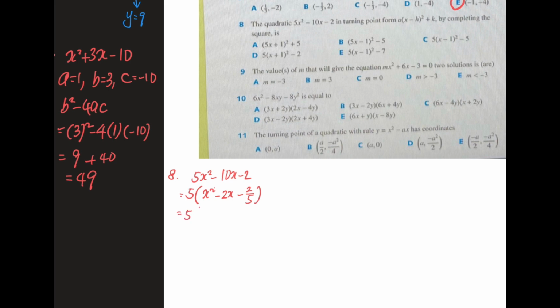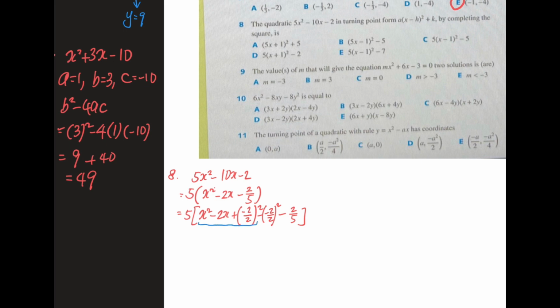Minus 2 divided by 5, you get minus 2 over 5. Then we get 5 times the bracket. Now we write back the first term, the second term. The third term, we put far away. So in between, we put b over 2 square and minus b over 2 square. So our b is this one, minus 2. So minus 2 over 2, minus 2 over 2. We put b over 2.